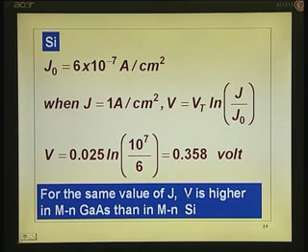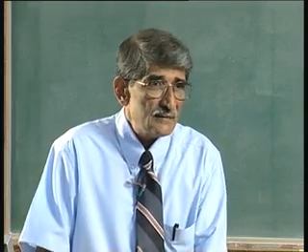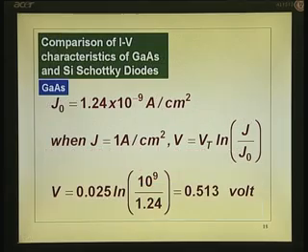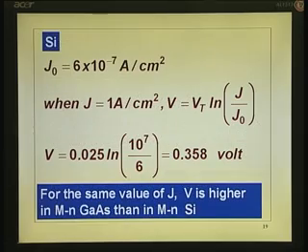So what you are saying is, when you take a silicon Schottky barrier and a gallium arsenide Schottky barrier diode, the voltage drop across the gallium arsenide Schottky barrier diode for a given current will be larger. In this example of 1 ampere per centimeter square, it was 0.513 here and 0.358 in the silicon case.